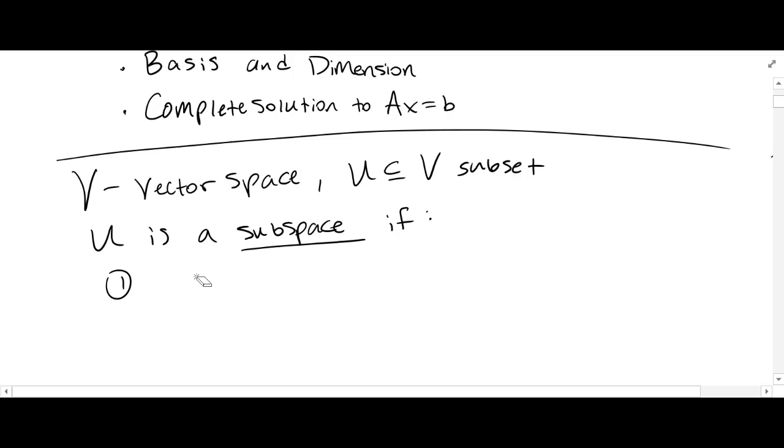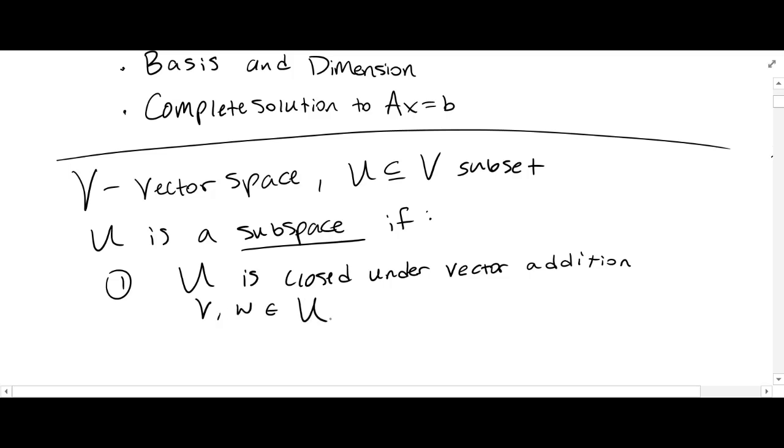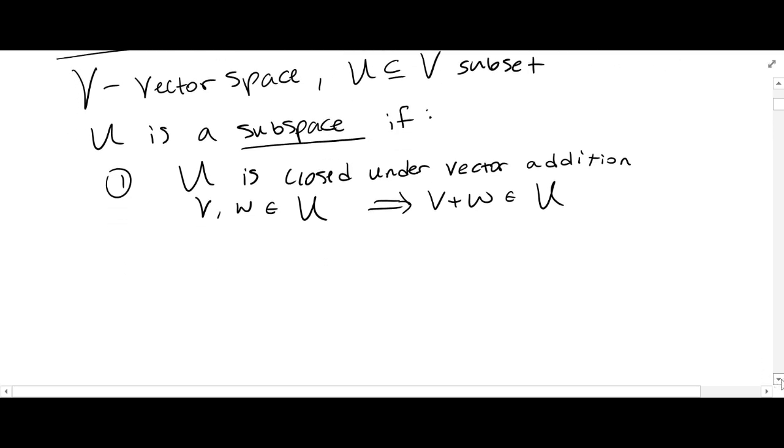U is closed under vector addition, meaning if you take v and w inside U, then v plus w is also inside U. And secondly, U is closed under scalar multiplication.